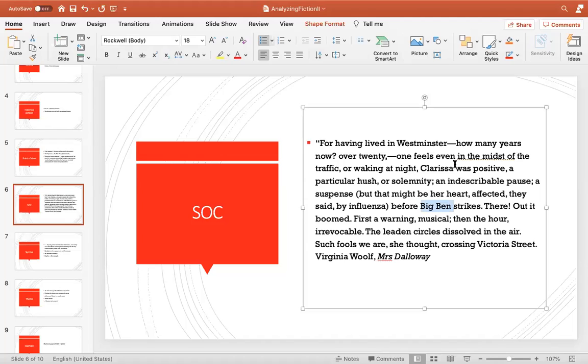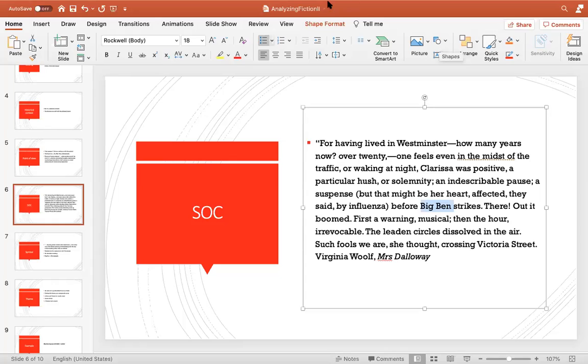It's the clock tower in London. Good. Okay, a clock tower in London at Westminster, and that is the place where the narrator is situating this character Clarissa. All right, and Big Ben is the clock tower.